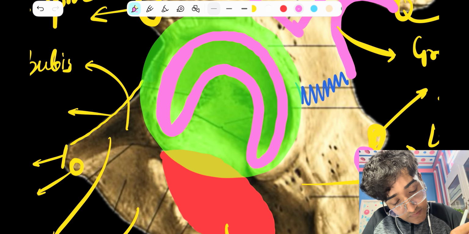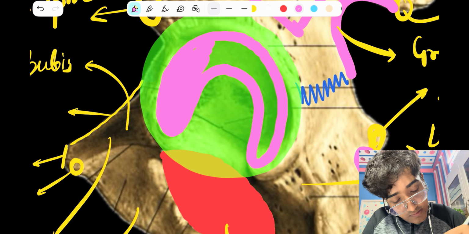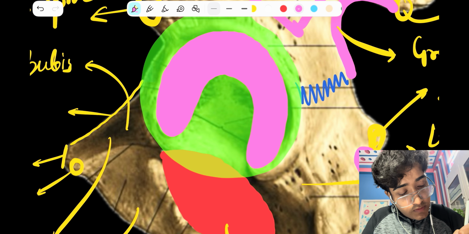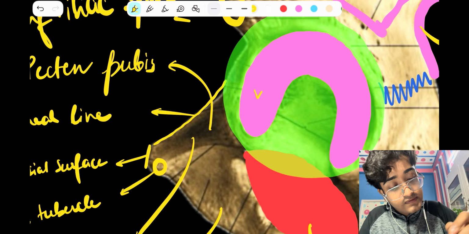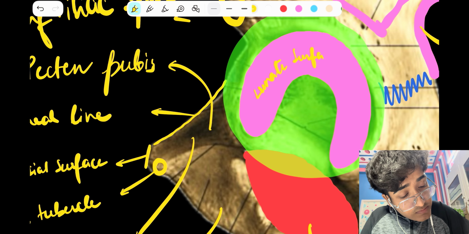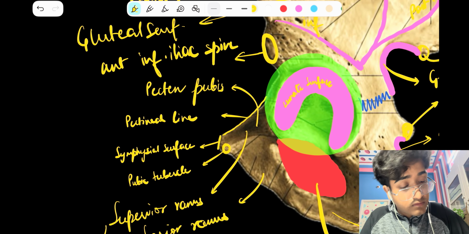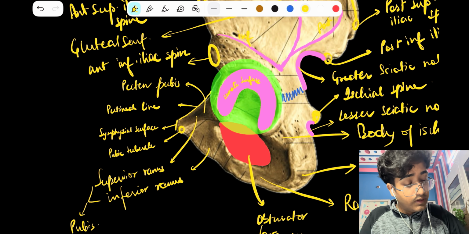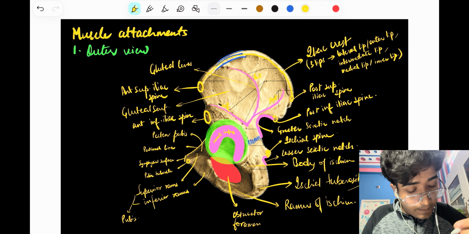This moon shaped surface is known as the lunate surface of the acetabulum. What is it known as? It is known as the lunate surface of the acetabulum.